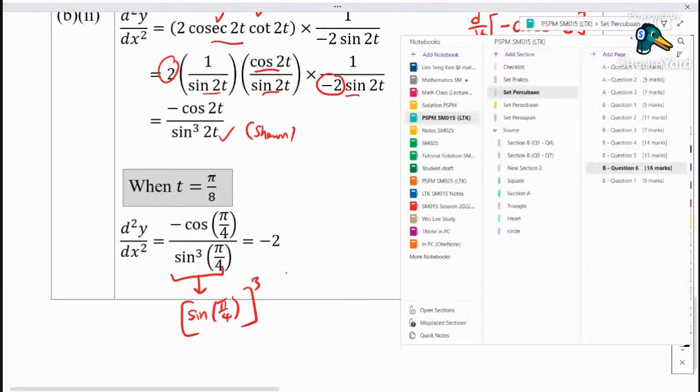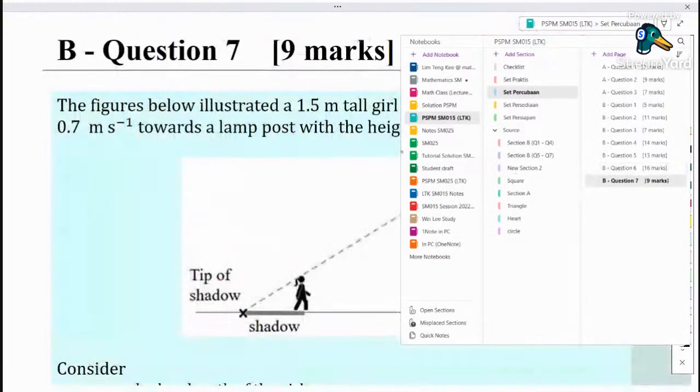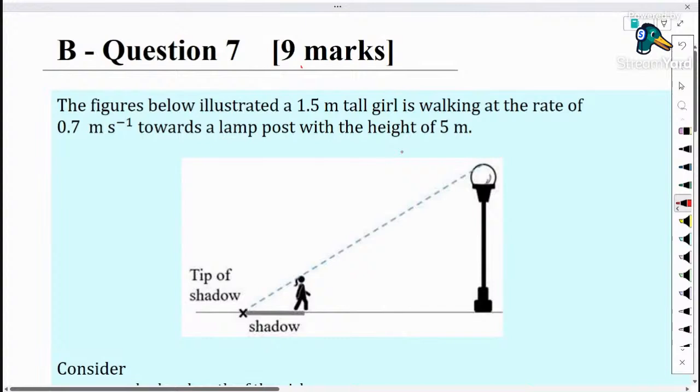Lastly, refer to the last question in section B, question number 7, regarding the rate of change in chapter 10, application of differentiation. The question tells us that the figure below illustrates a girl with a height of 1.5 meter walking at the rate of 0.7 meter per second towards the lamppost.